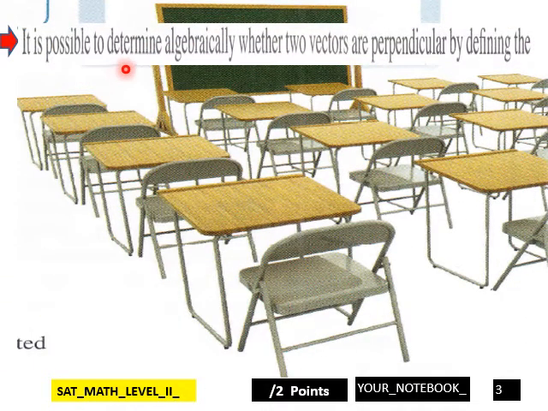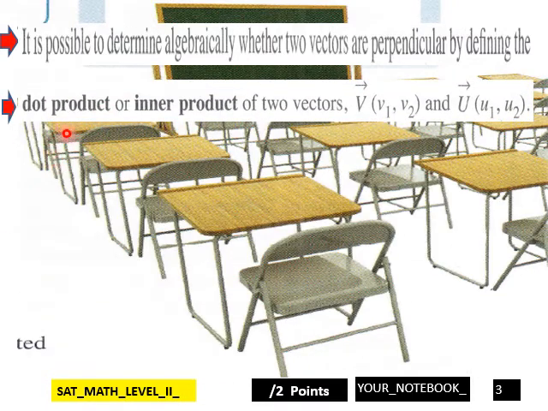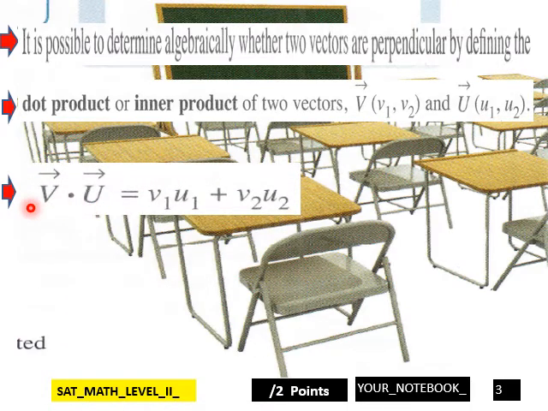It is possible to determine algebraically whether two vectors are perpendicular by defining the dot product, or the inner product, of two vectors. So we have vector v is v1, v2, and vector u is u1, u2. So vector v dot vector u would be equal to v1 u1 plus v2 u2.